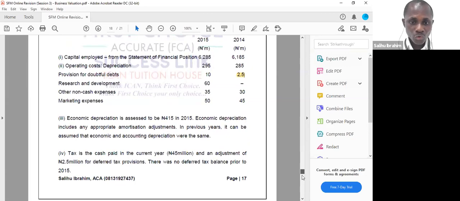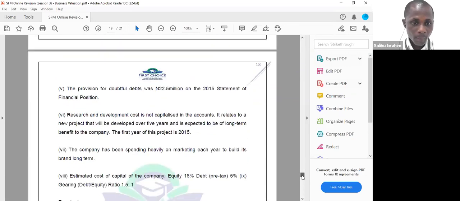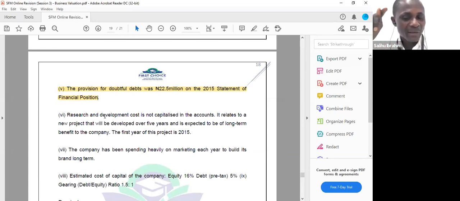Now, let's go to, where do we have that note? Okay, look at it. The provision, look at note 5. The provision for doubtful debt was 22.5 million on the 2015 statement of financial position. Now, look at it.